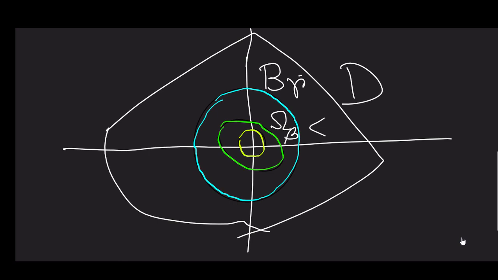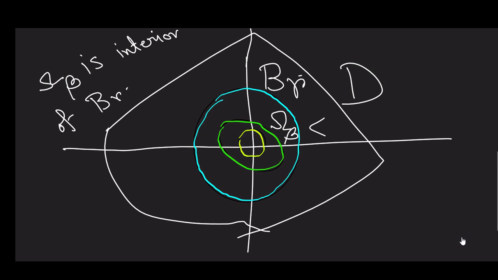How and why? Because Br is formed by all such x. Now you may have a problem digesting this fact that omega beta is in the interior of this ball Br.